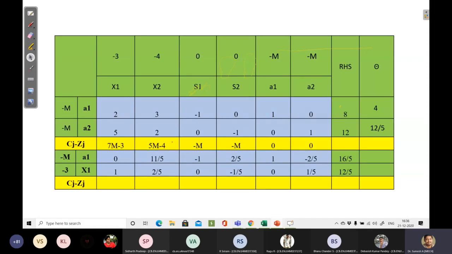I have a doubt about these values. The value is wrong. What will be the value? Is this 0 here?